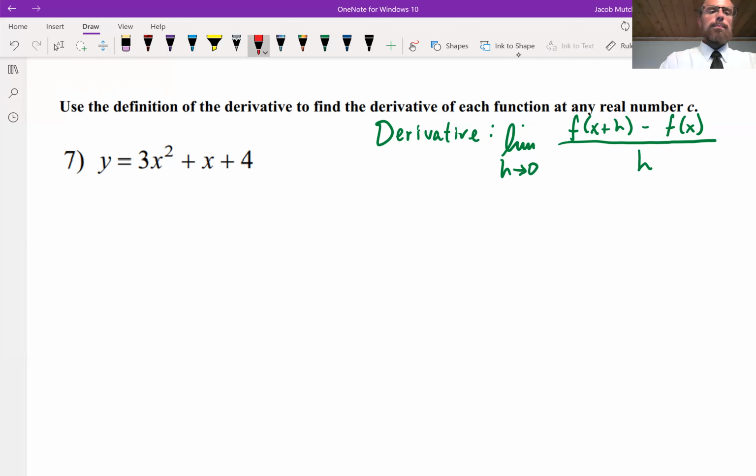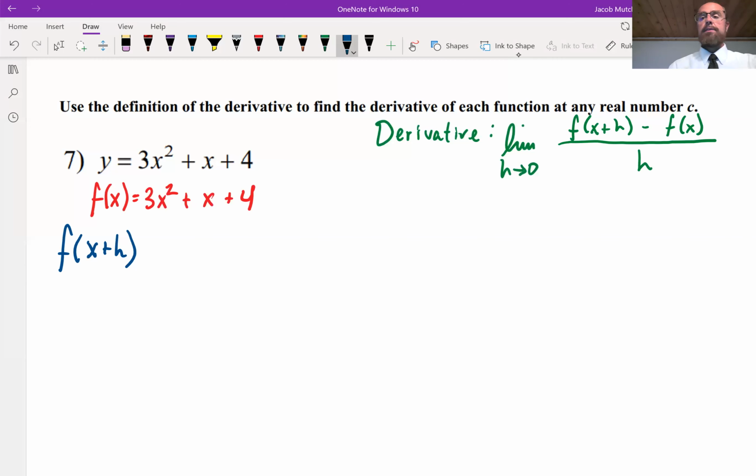So we know at this point that f of x is my original function, 3x squared plus x plus 4. My f at x plus h, again, I need to compose x plus h, in this case, in two spots, wherever I see x in the original. So this is 3 times x plus h squared plus x plus h plus 4.